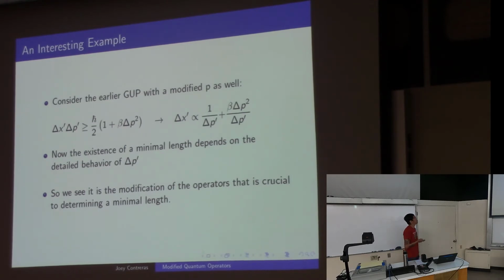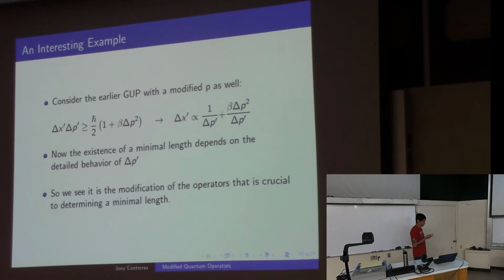So, consider this example. We have the same generalized uncertainty principle from before, with a modified momenta as well. So here we have the exact same expression, only now instead of just x being primed, p is primed. So we have the following proportionality relation for the uncertainty in position, but notice here that the details or the specific behavior of the modified momenta will actually determine whether or not a bound, or a minimal length uncertainty, follows from this.